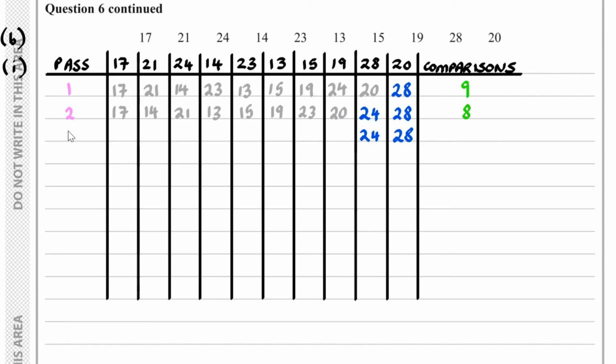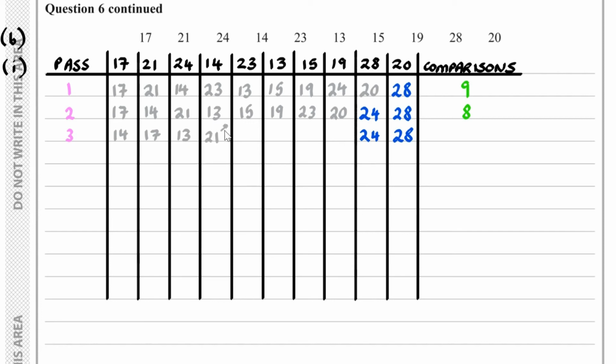Next, for the third pass, we compare the 17 and the 14. 14 is smaller. Compare 17 and 21. 17 is smaller, so now we compare the 21 with the 13. 13 is smaller.